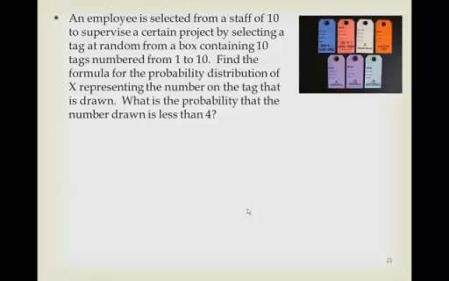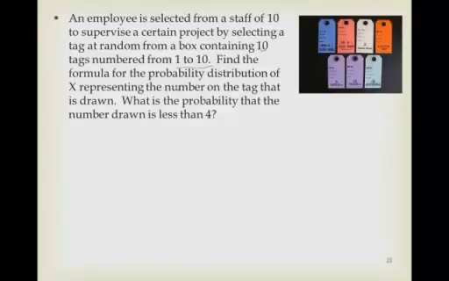Now let's go ahead and do a problem for the uniform distribution. In this particular problem, an employee is selected from a staff of 10, and they're going to supervise a project by selecting a tag at random from a box containing 10 tags numbered from 1 to 10.